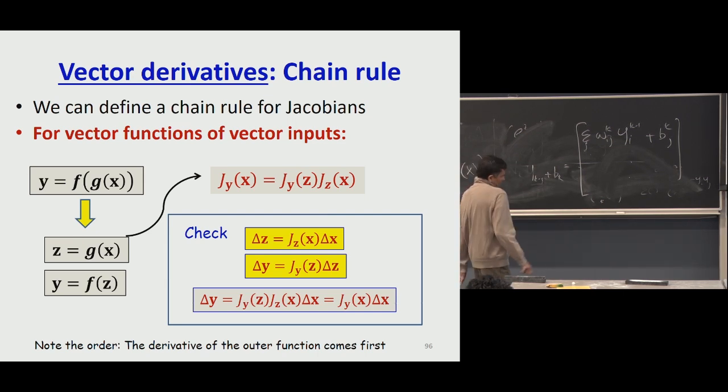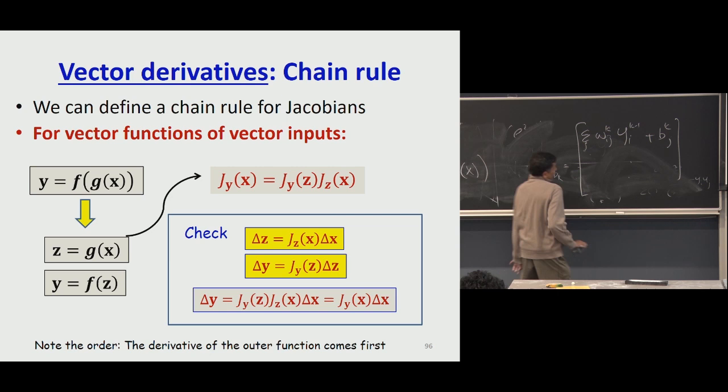So then I can write z equals g of x, y equals f of z, right? And by using our own rules, delta z is going to be the Jacobian of z with respect to x times delta x.